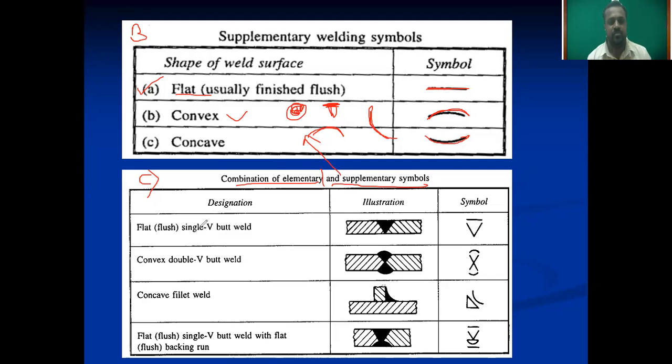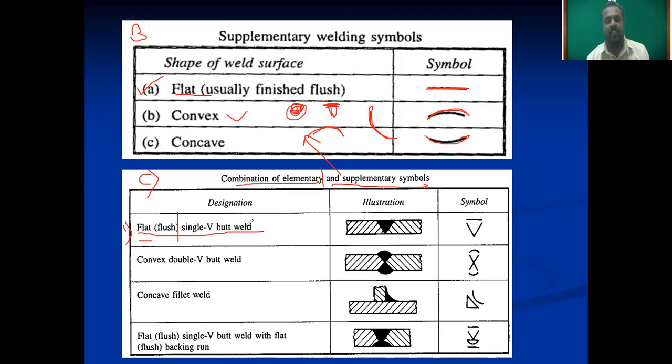Okay. Now see, in that the first type of the welding is flat single V butt joint. Okay, you have to remember flat. How to draw the flat? Just one line, and you have to split this word. Flat single welding is different, and single V butt is different.